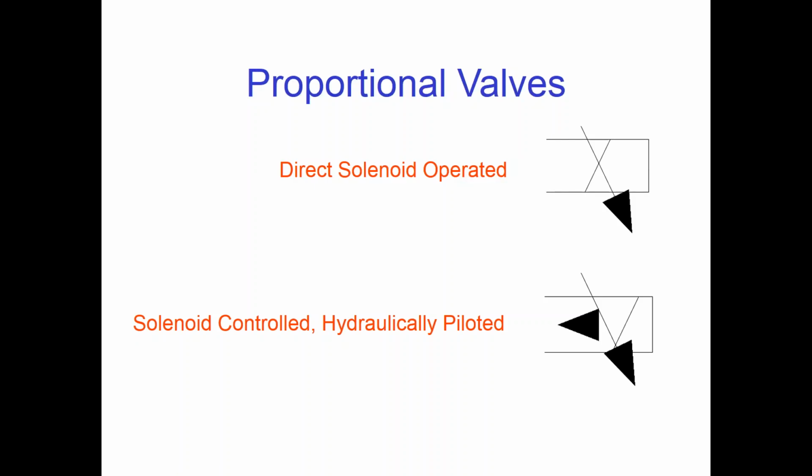But if we have a lot of flow, we have to move a very large actuator, or we have to move something very fast, then we're going to need a lot of flow. We have to use a two-stage valve then. So we'll use a direct operated valve to pilot a much larger hydraulic valve, exactly the way we would do with a directional valve under the same circumstances.